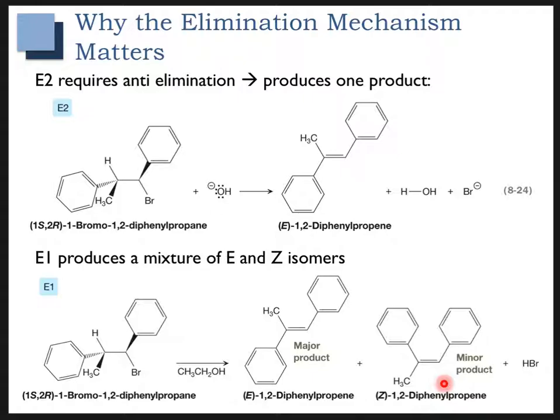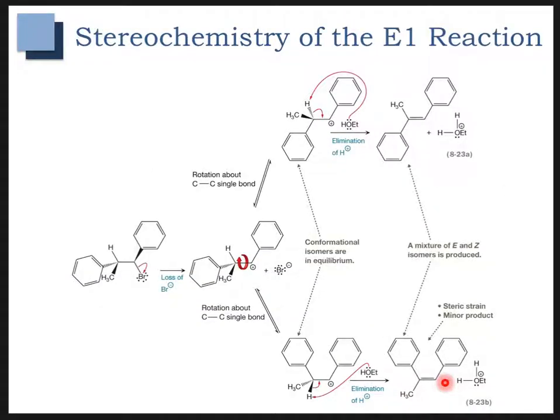So let's look a little bit more at what happens in the E1 reaction. Remember in the E1 reaction that the first step is the leaving group falling off. Once this happens, you get a carbocation intermediate, and the carbocation intermediate at this point has freedom of rotation, so it can move around.